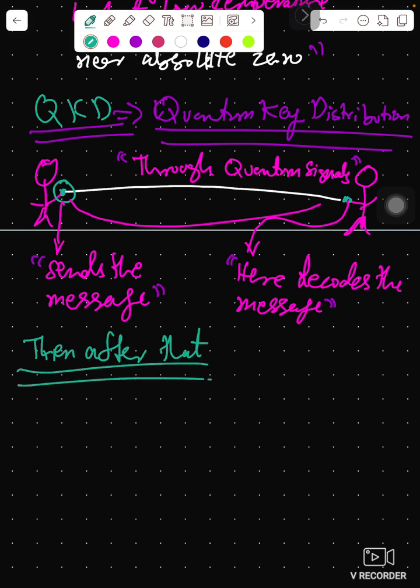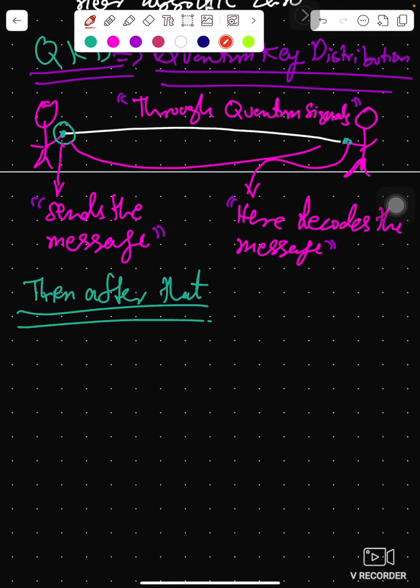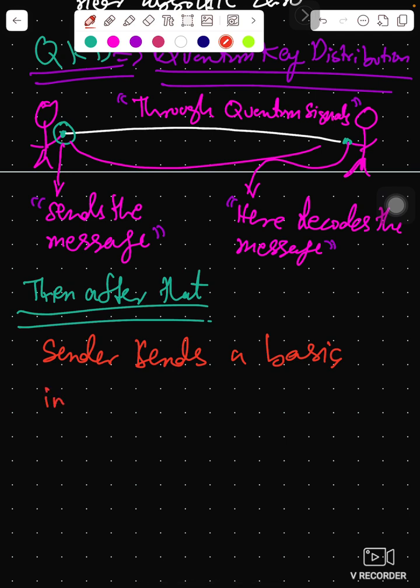Then after that, the sender sends the basis information, meaning what basis it is in.